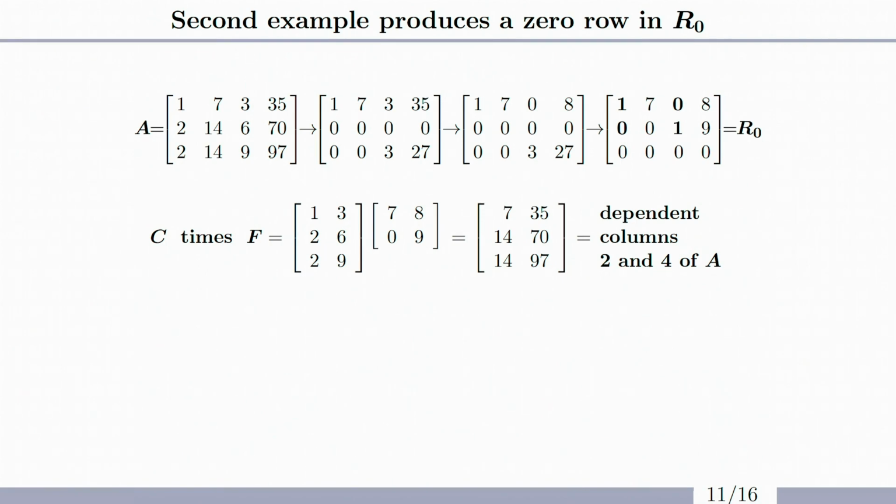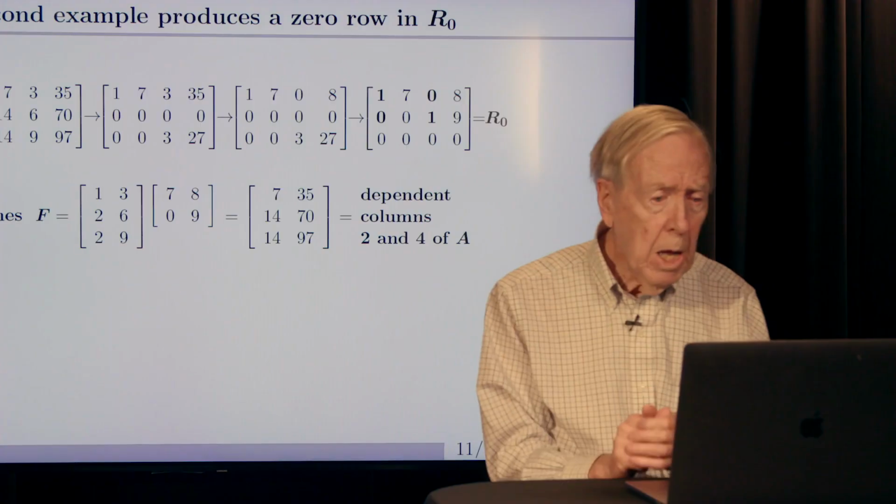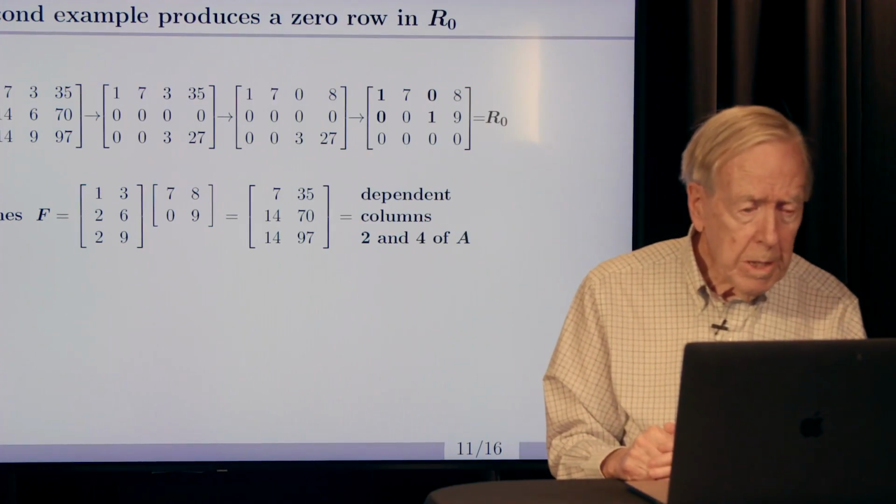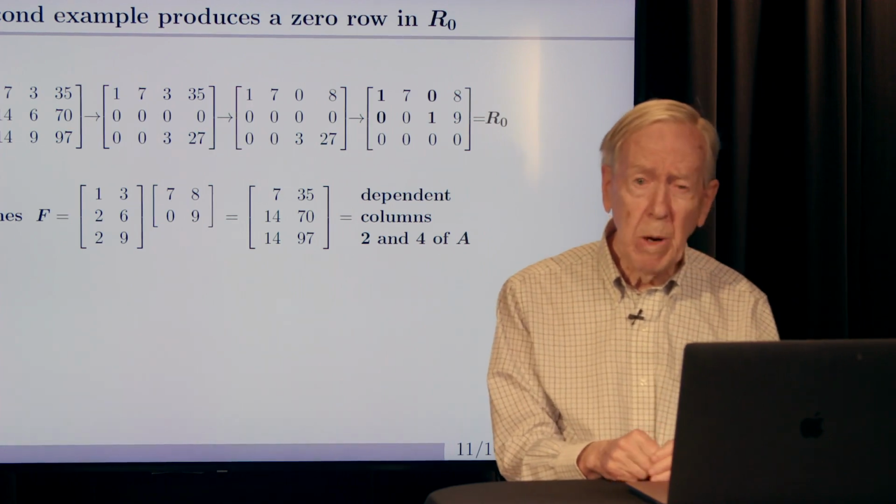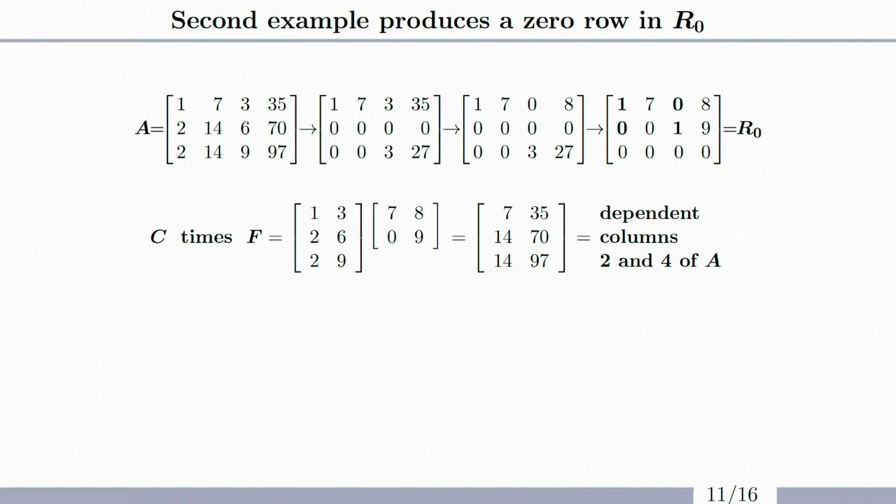You see what we've done is, we started with columns 1 and 3. So that's our matrix C. Those are the two independent columns. How do I know? Where did C come from? That's part of this search. Where are the independent columns?